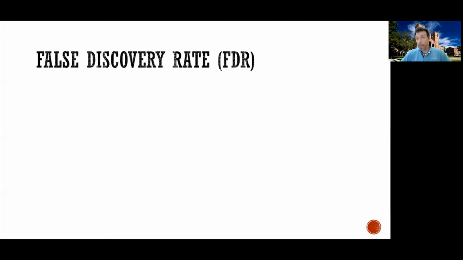Now, the third type of correction within the basket of this first category is known as false discovery rate, or FDR. Crucially, FDR is doing something very different than the family-wise error correction.